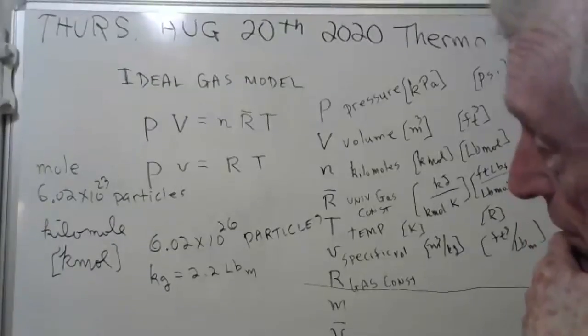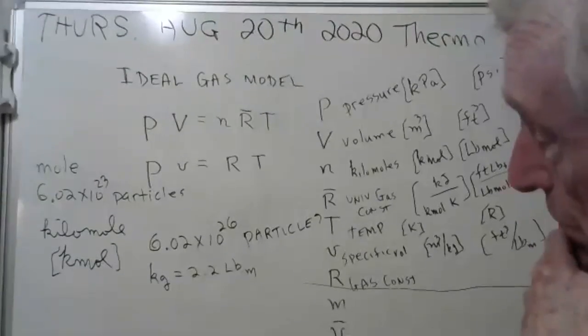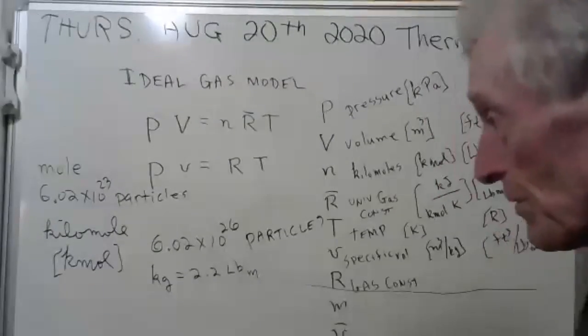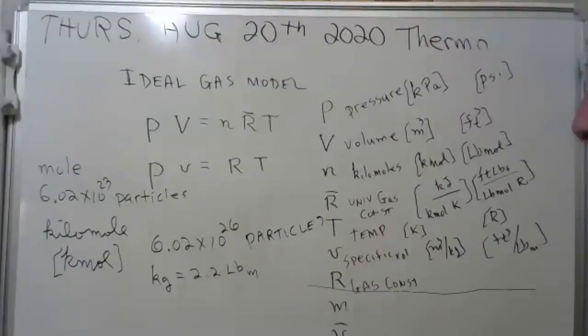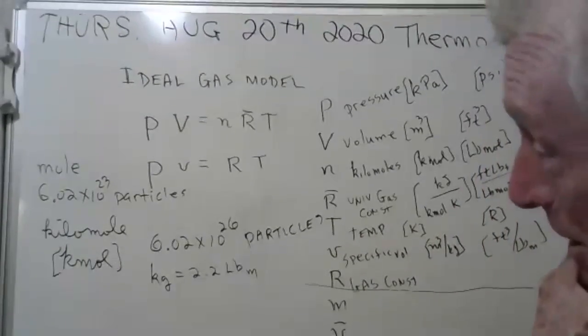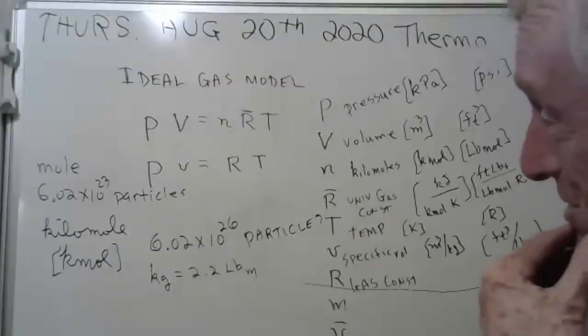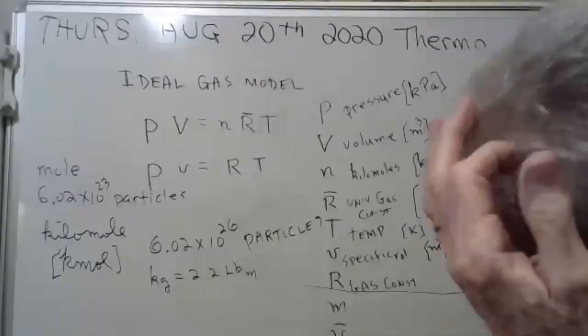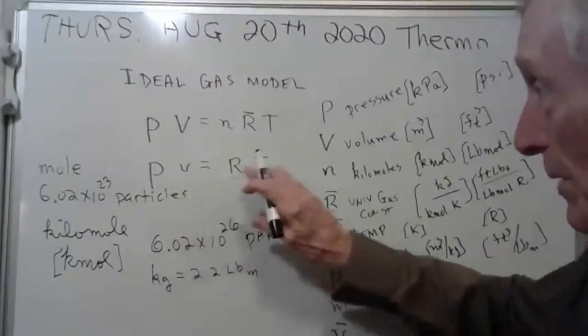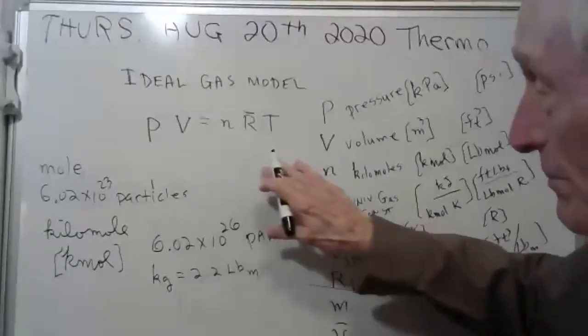So if you have a kilomole, wouldn't you have to have 2.2, or would you divide? Do you divide? My mind is mush right now. I don't know about you guys. No, a pound is smaller than a kilogram. So here we go.